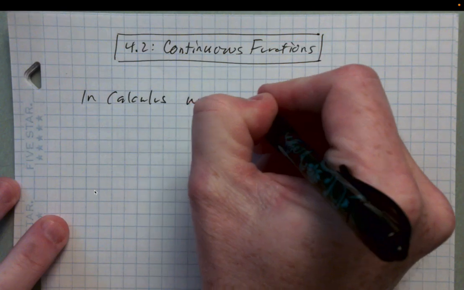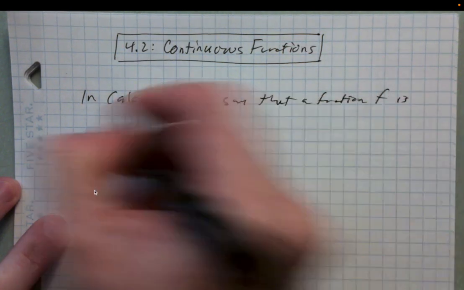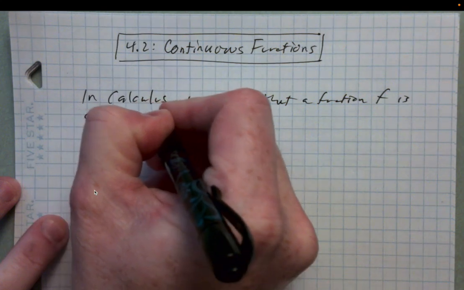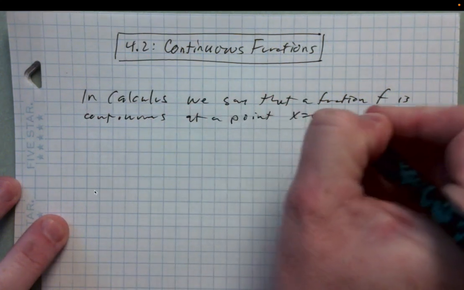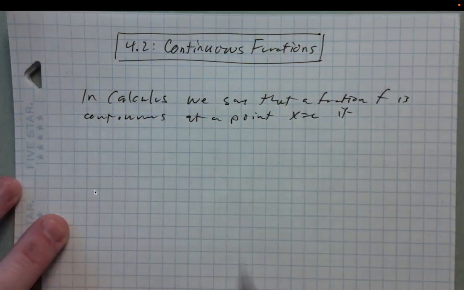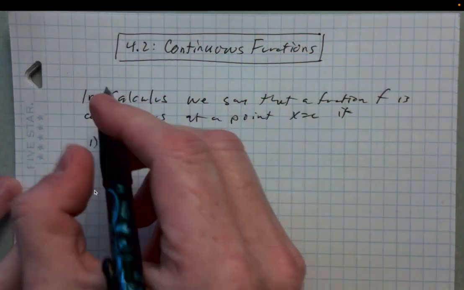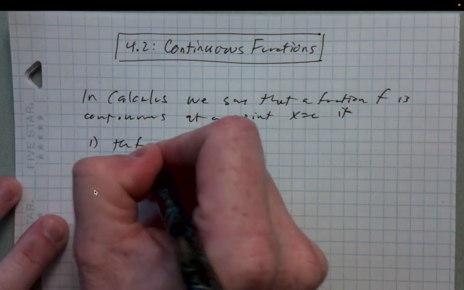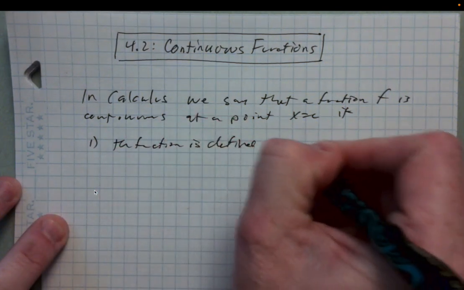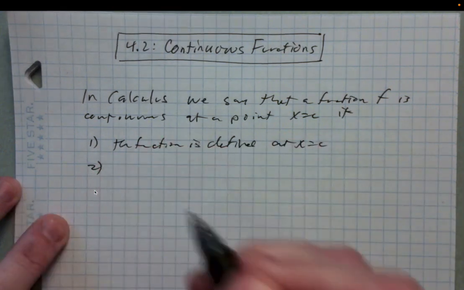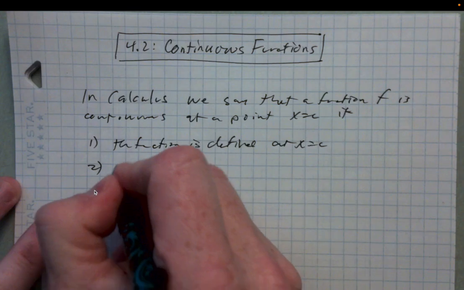In calc, probably calc 1, we say that a function f is continuous at a point x equals c if all of the following are satisfied. First, the function is defined at x equals c. Second, the limit of the function exists at x equals c.